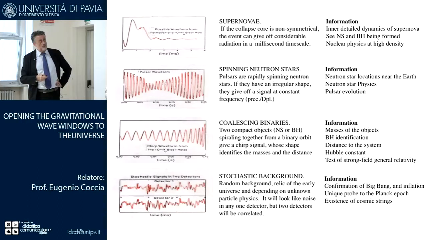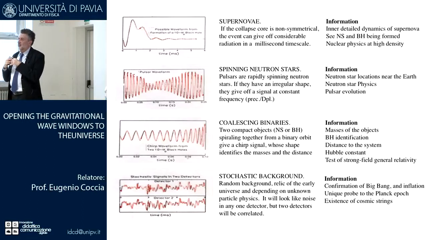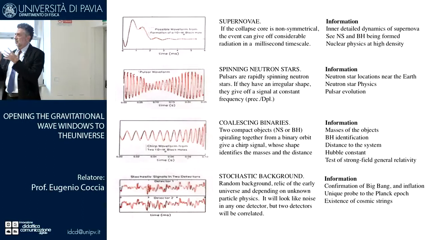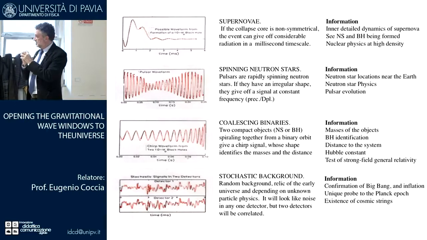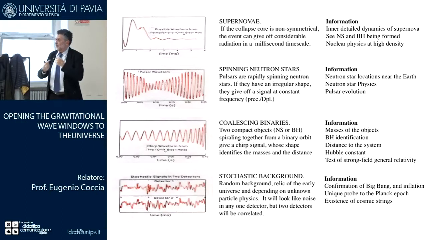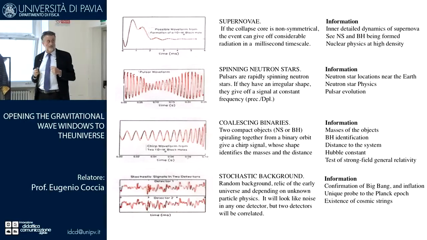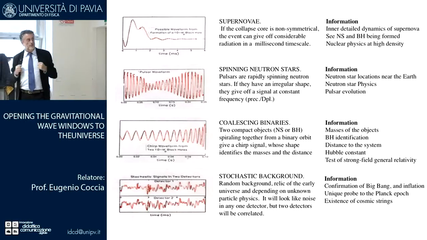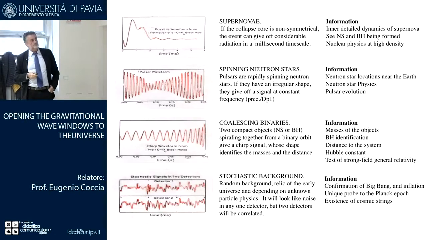A spinning neutron star. If a neutron star forms and it rotates, because angular momentum tends to be conserved, of course, a star rotates slowly, but when it is compressed and squeezed, it rotates much faster. This is something which we have all experienced in a rotating seat, for instance, by moving weights near to the body or far from the body.